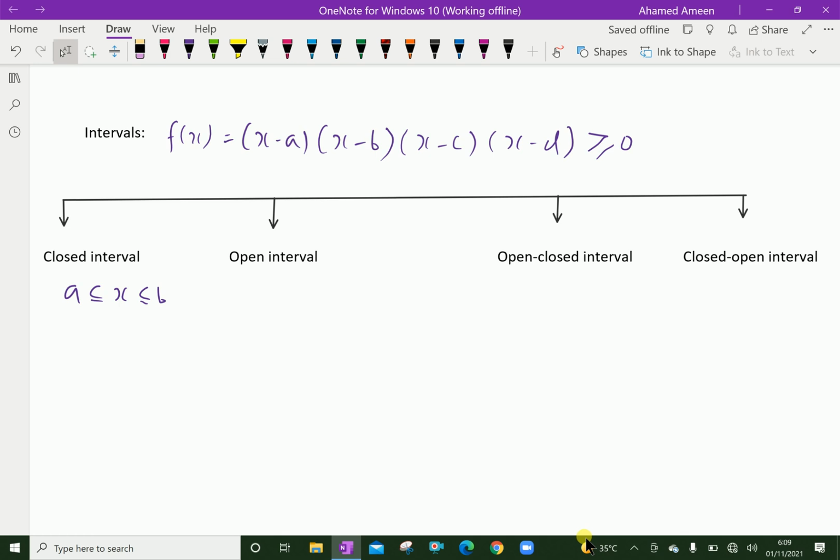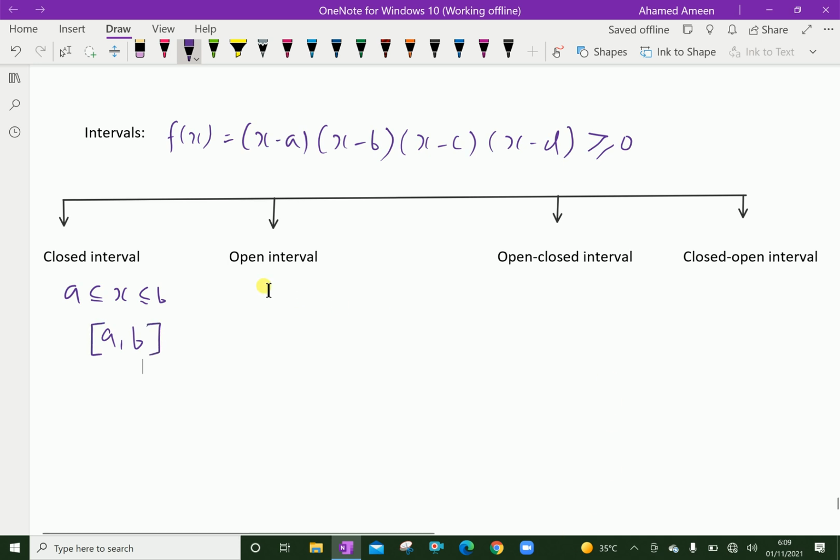Now, we can write this symbolically as a comma b. We can write a square bracket on both sides.